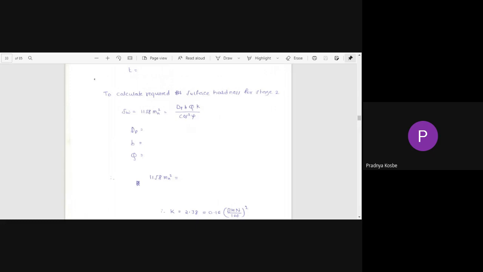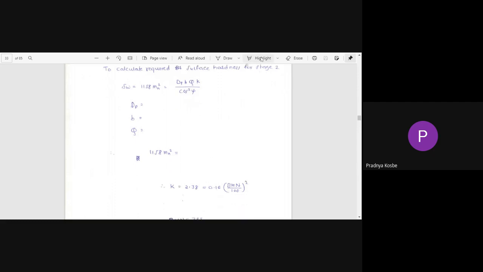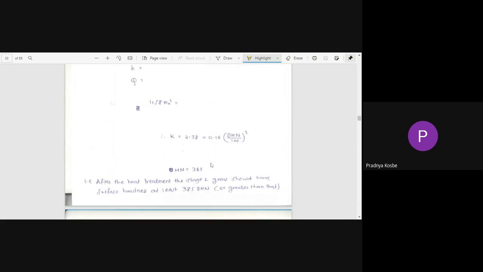So after that, Bhn is equal to 385. Okay.